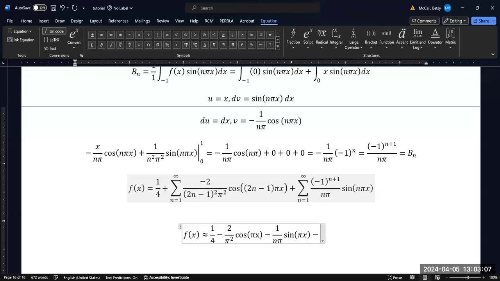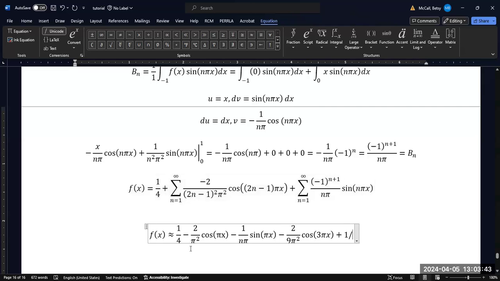And then cosine will always be negative. So the next odd number would be 3, so it'd be 9 pi squared, again, because it's 1 squared and then 3 squared and then 5 squared, etc. Cosine 3 pi x. And then sine will be plus 1 over n.